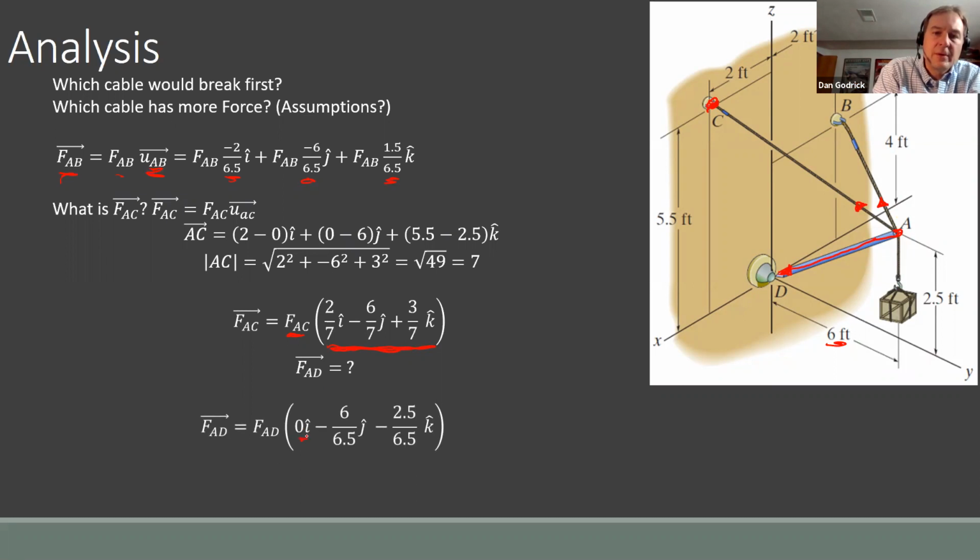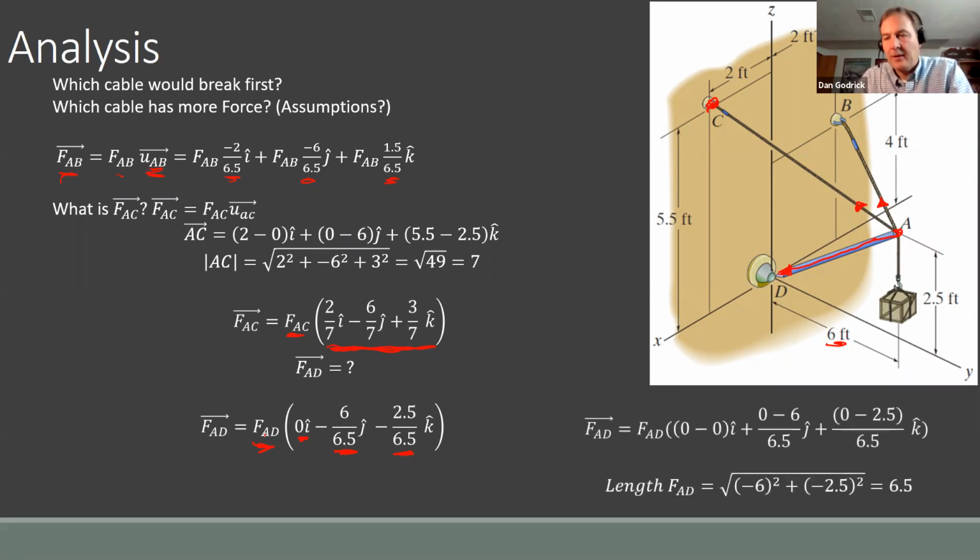FAD is 0 in the i, minus 6 over 6.5 in the j, minus 2.5 over 6.5 in the k, multiplied by the magnitude of the force, FAD. And if you want, I'll give you the work, how we found the length and how we actually found that vector. And you can pause it if you want, just to make sure you follow along.